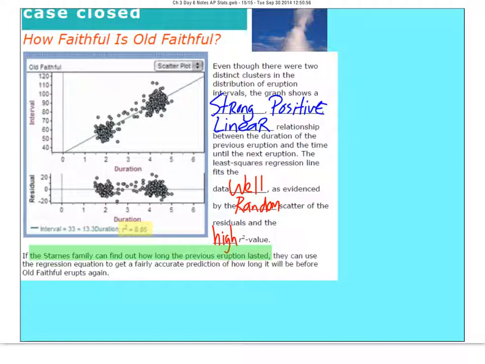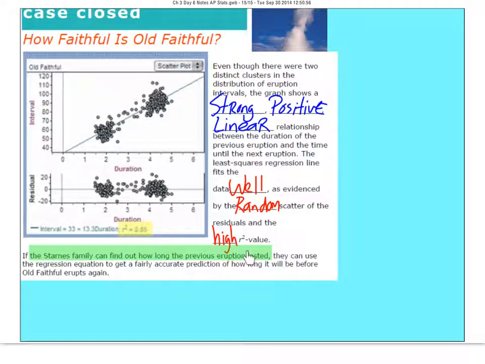When the residual plot was created, you could actually see if this line is good for predicting. Here's the residual plot. Based on this, it seems as though the least squares regression line does fit the data well, and there's evidence of random scatter in the residuals. And if you look at this, it says R squared, which is the coefficient of determination, is nice and high.